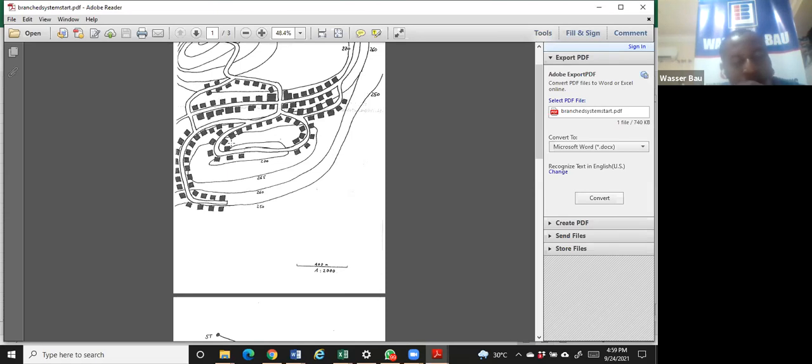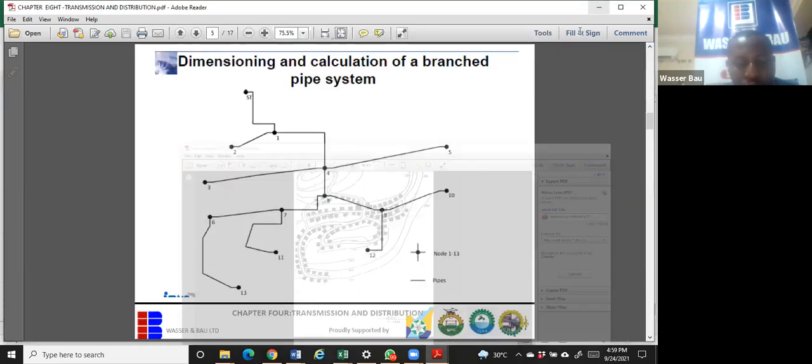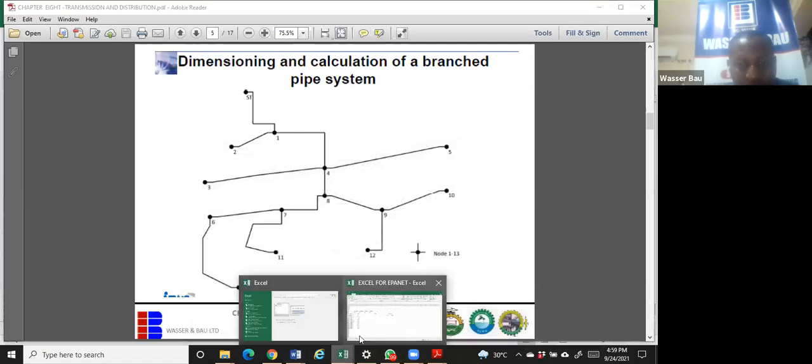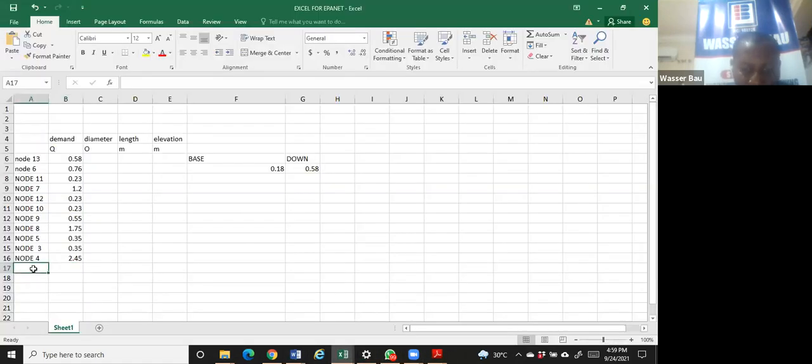So 5 houses will be 0.12. That's very simple. Node 2 is 0.12.